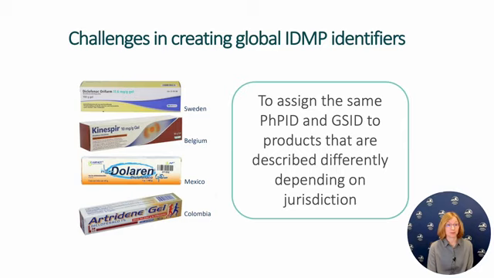The substances themselves are alone a big complexity, both for some simpler chemical molecules with different hydration levels, to proteins and vaccines, where the substance itself can be very complex and require strict definitions. The strength and the dose form usually also differ, and as you can see in this example for diclofenac cream, where the strength is expressed in different ways for all of these packages, where the product is really equivalent.